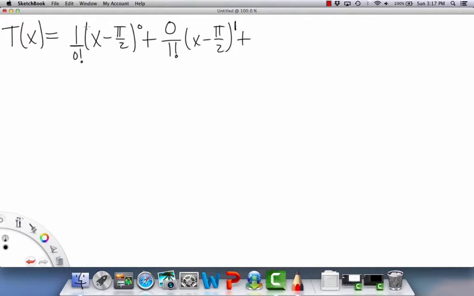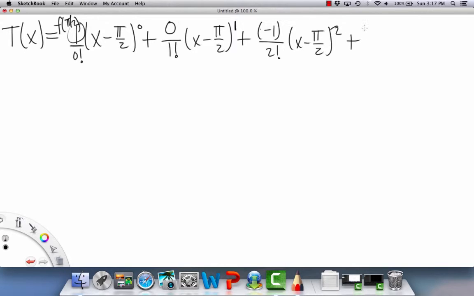These are our f of pi over 2, and then we have our f prime of pi over 2, which was 0, right? And then our f double prime at pi over 2 was negative 1, over 2 factorial, x minus, we'll just fill in the rest according to the formula.